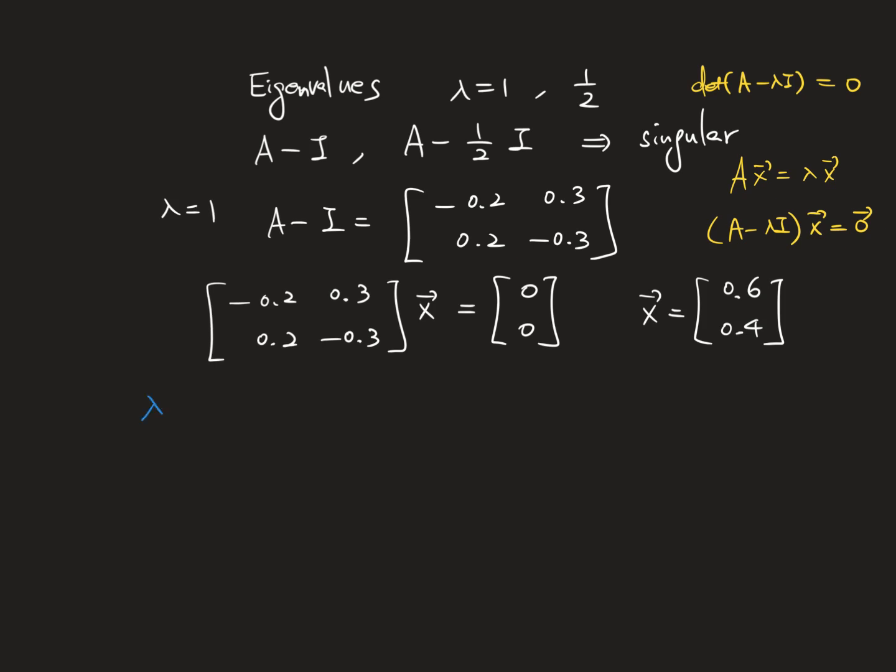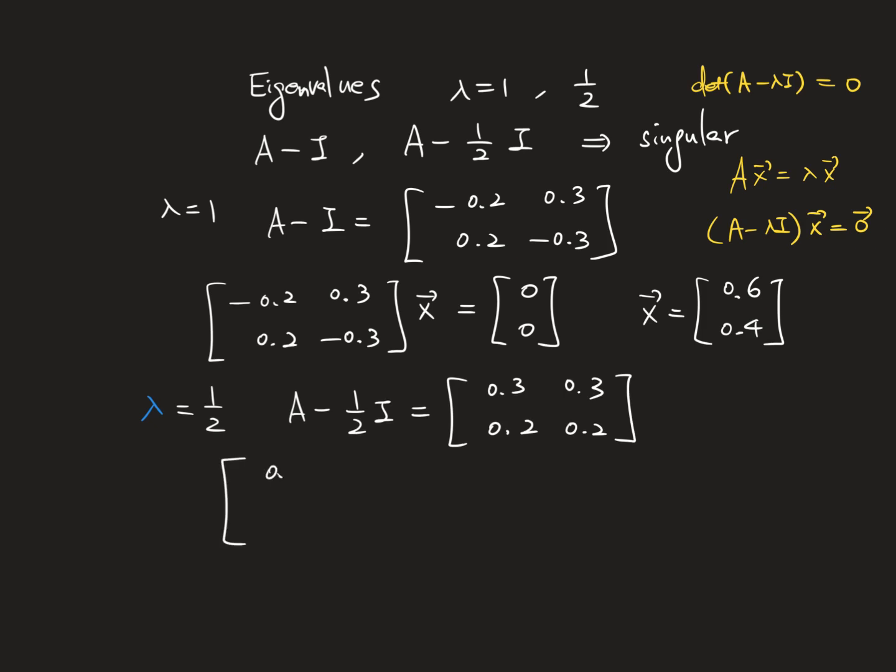And now we consider the case 1/2, and in this case we calculate A minus 1/2 I, and this is 0.3, 0.3, 0.2, 0.2.